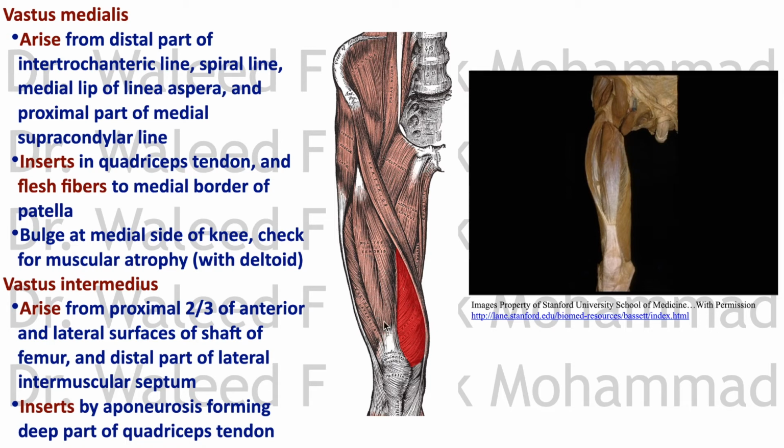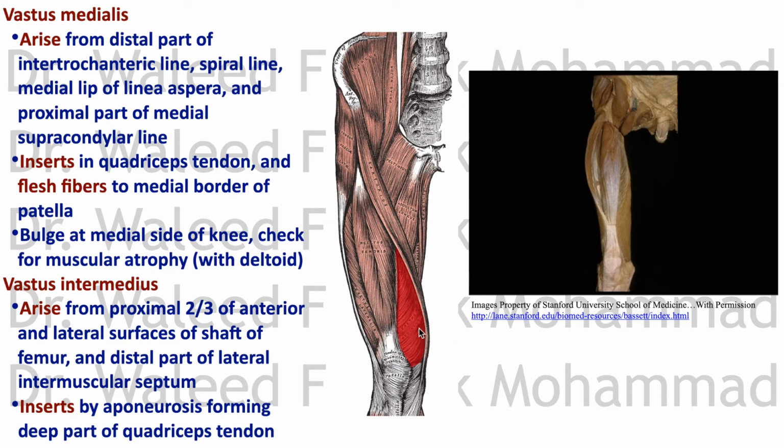So that's why we mentioned this before, the lateral condyle of the femur is more anterior than the medial condyle, and the vastus medialis muscle pulls on the medial side of the patella. Because of this fleshy insertion, it makes a fullness at the medial side of the knee, and it's one of the regions examined for malnutrition or muscle atrophy, together with the deltoid muscle.